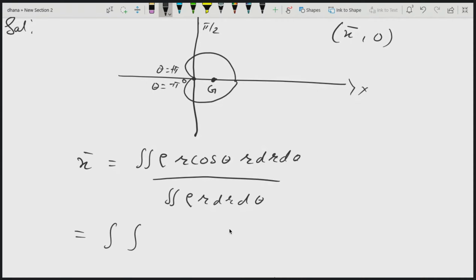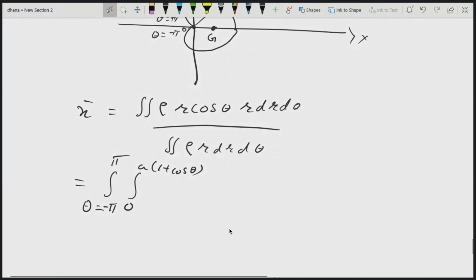Limits of r will be 0 to that curve, a into 1 plus cos theta. Limits of theta will be from where to where? It starts here and goes back to here, so minus pi to plus pi.